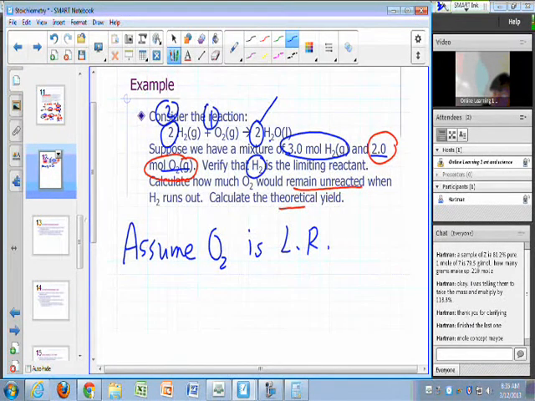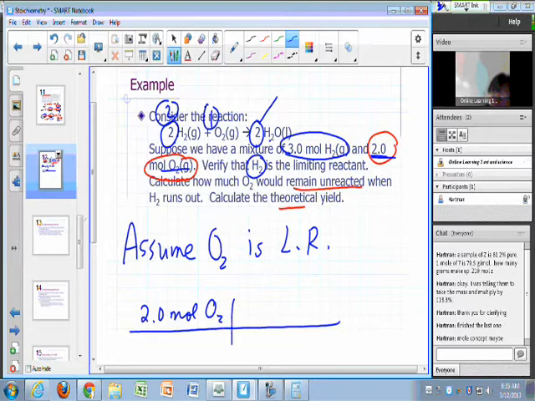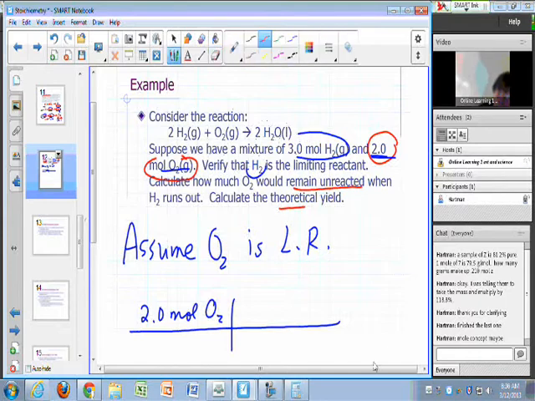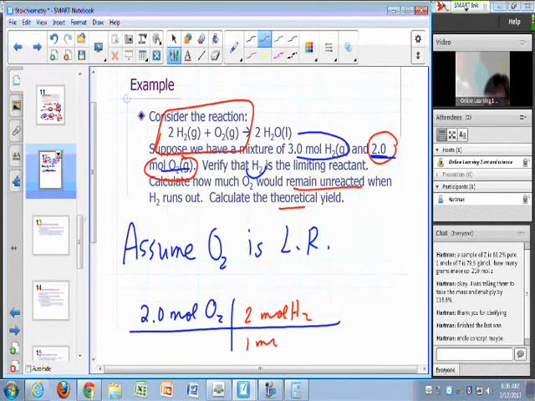Then you're going to say, all right, I'm going to lose all of those 2 moles of O2. Let's figure out how much hydrogen I'll lose. According to the balanced equation, the oxygen to hydrogen ratio is 2:1, right? So 2 moles H2 for 1 mole of O2 according to the balanced equation. There's 2 right there and there's 1 there.